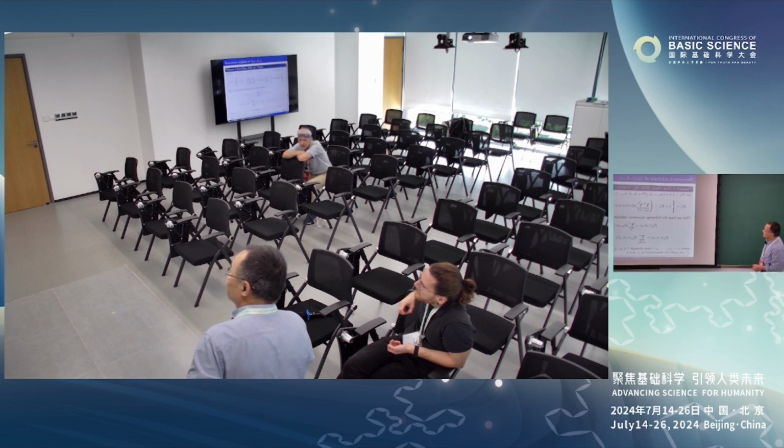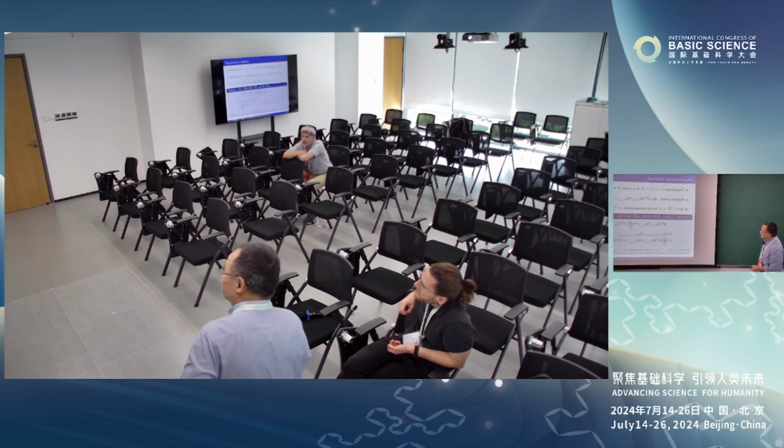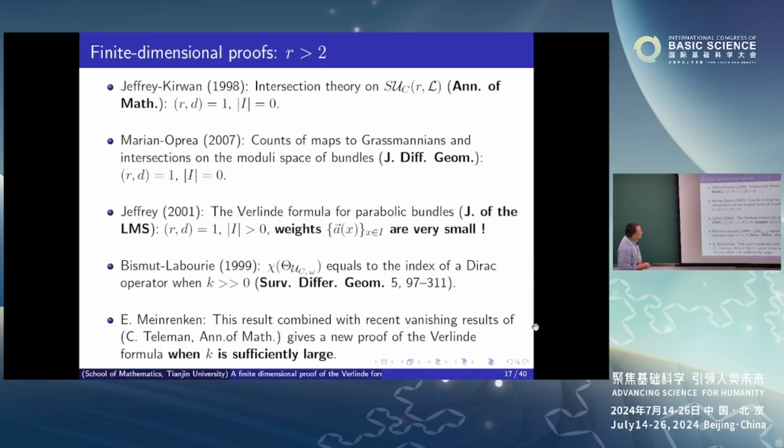Let me say that first of all, the so-called finite-dimensional proof is that we do not go through this equality, which is related to the physical space. We prove directly in algebraic geometry.